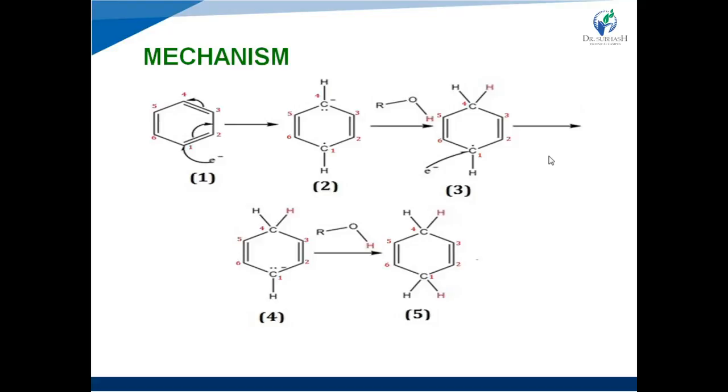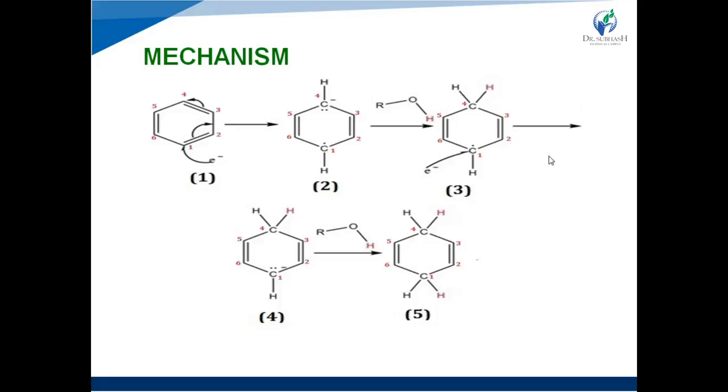Sodium undergoes oxidation and is converted into Na plus and an electron. So this electron comes from the oxidation of the metal and attacks this carbon.